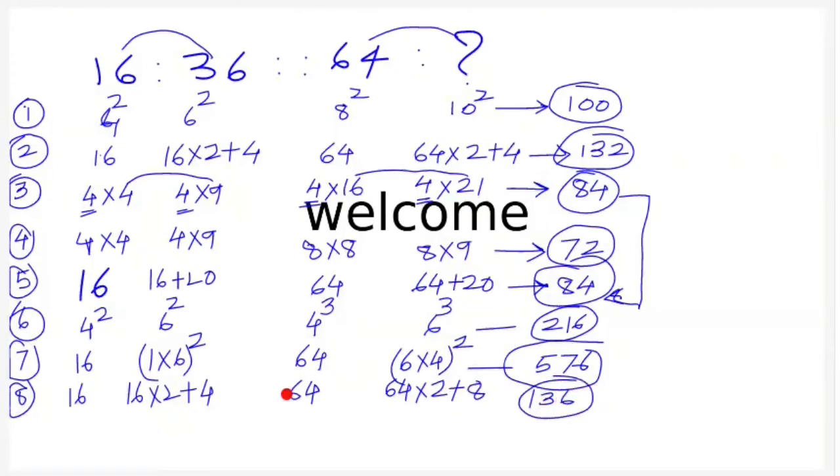Square root of 16 is 4. Square root of 64 is 8. 136 can be your answer. Can you think in such a way? And can you tell me one more answer related to this?